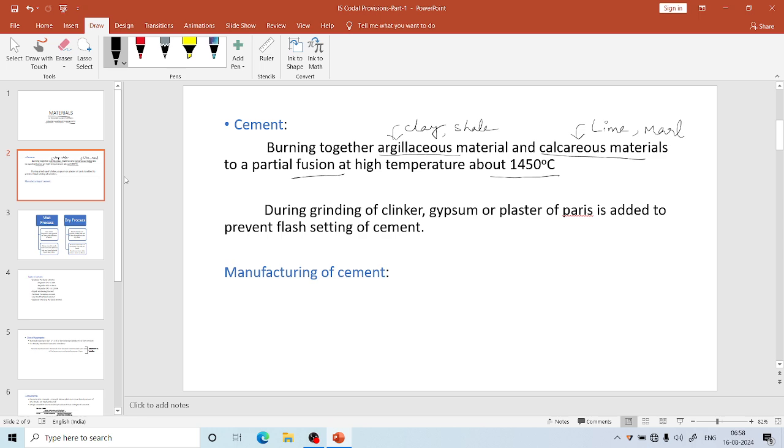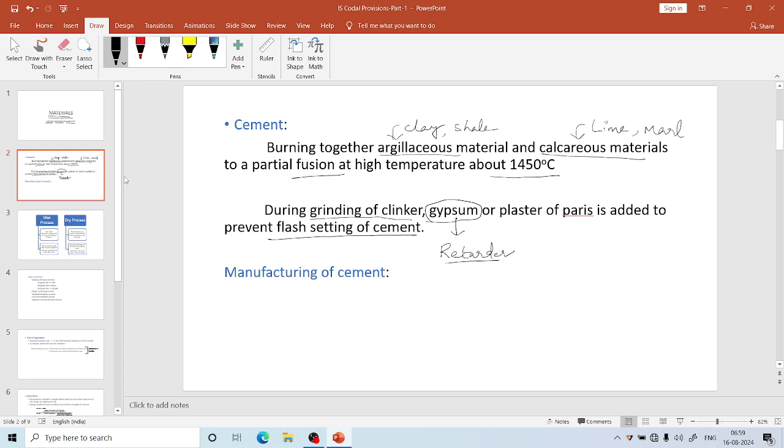and form a clinker. Finally, when this clinker is formed, we grind it by adding gypsum. So what is gypsum? It is a retarder which is used to prevent flash setting of cement.